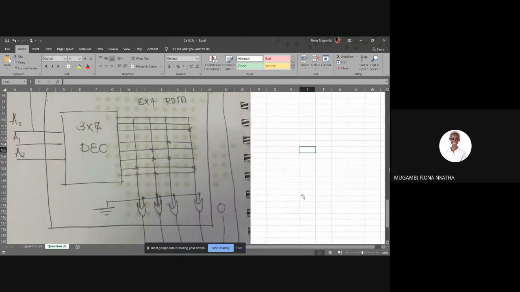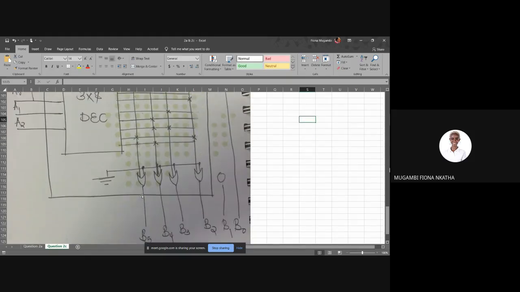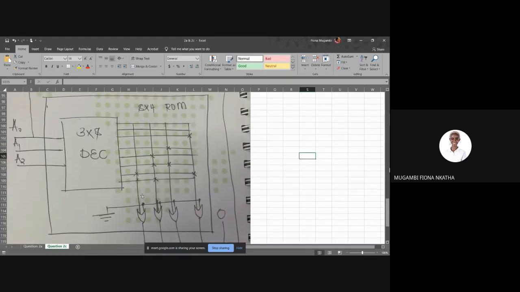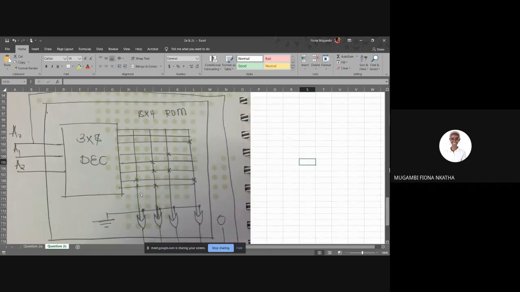So this is how the combinational circuit looks like. A cross shows a temporary connection, and a dot shows it's permanent. So here it connects with the E line of B5, this is 0, 1, 2, 3, 4, 5, 6, 7.